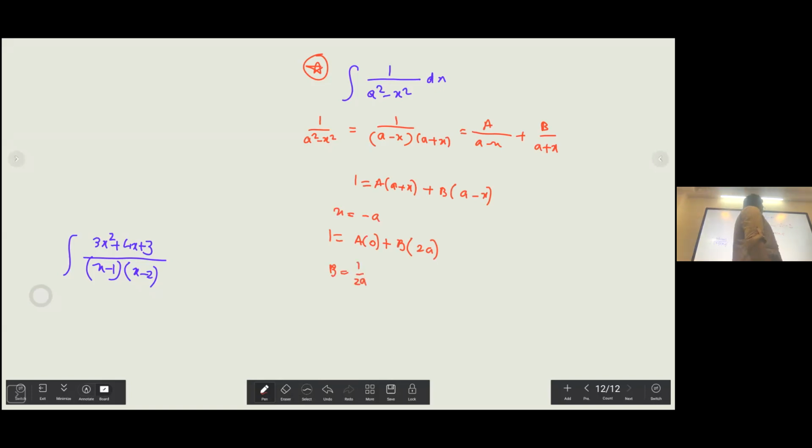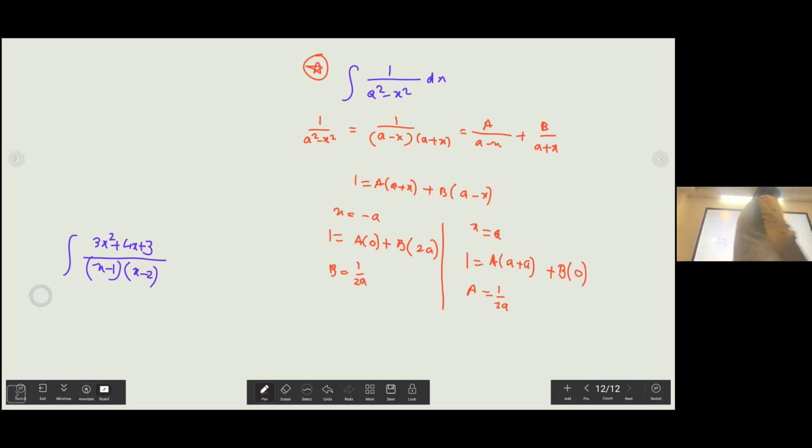Now if you plug in x as positive a, you get 1 equals A times (a plus a) plus B times 0. So you get A equals 1 upon 2a. So for both the values of A and B, we got 1 upon 2a.